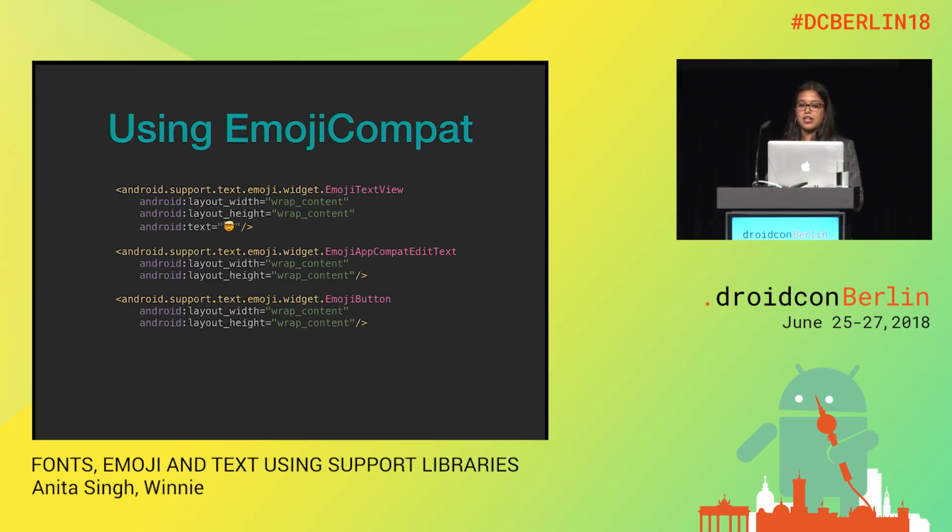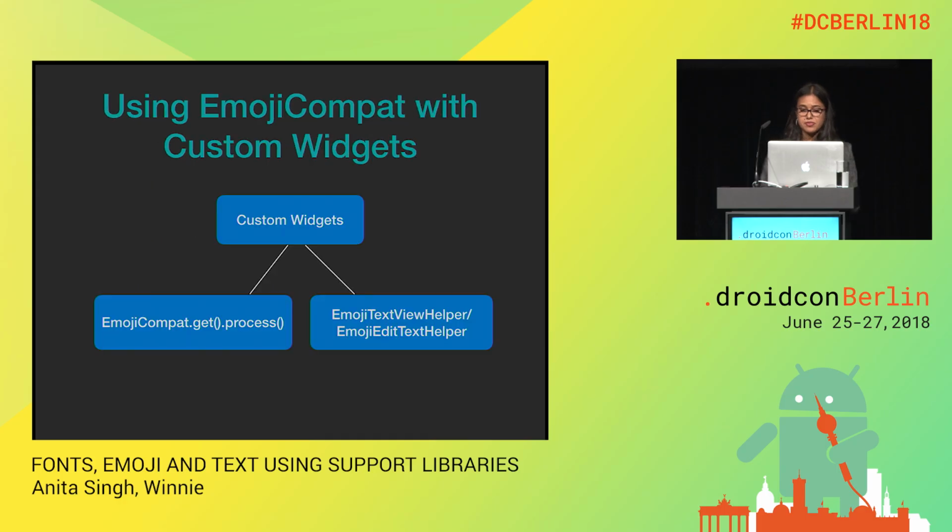Now we have it configured, so now we can start using Emoji Compat. One way is to use the out-of-box components like EmojiTextView, EmojiAppCompatEditText, EmojiButton. So each of these have their AppCompat variations, and they will render emojis out of the box.